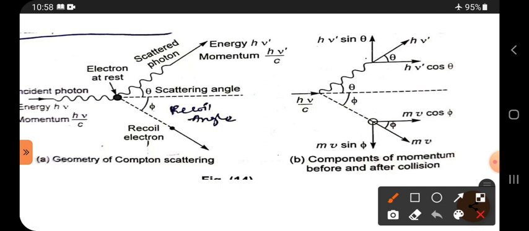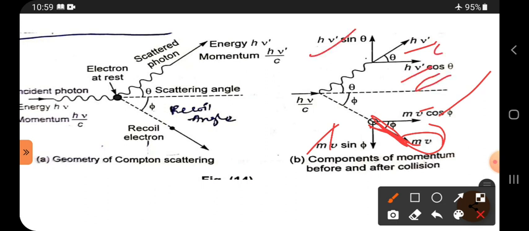Then apply the sine phi and cos phi, and you can get these two components. If you apply the sine, you get this one. If you apply the cos, this one. Here the value is mv. Here it is h nu dash by c.